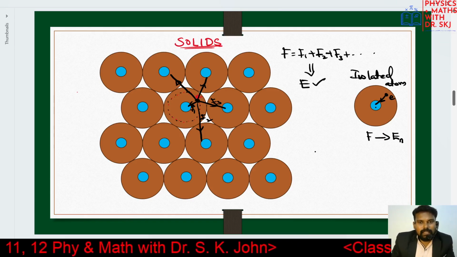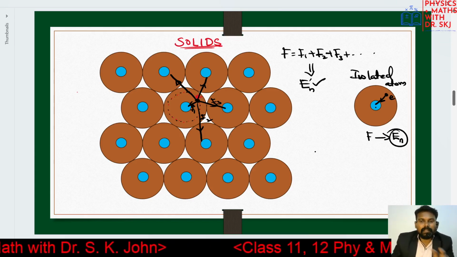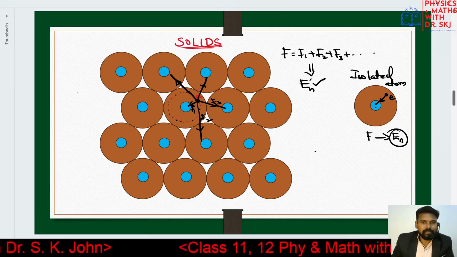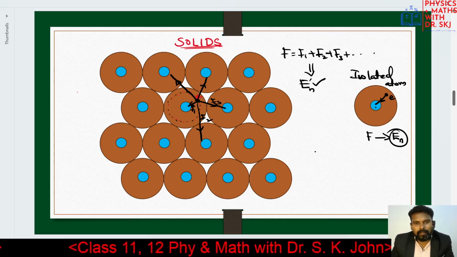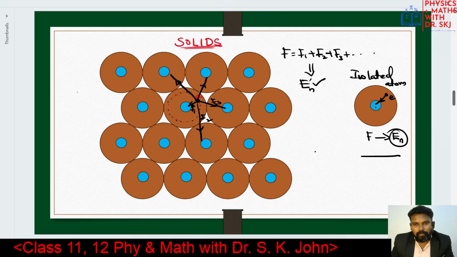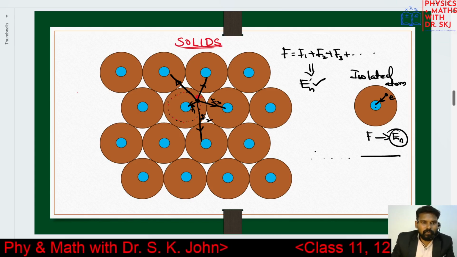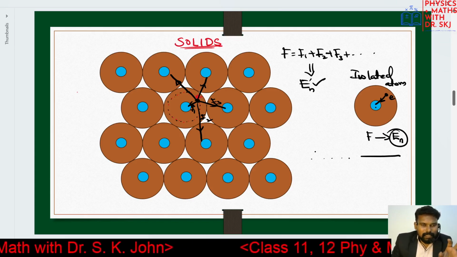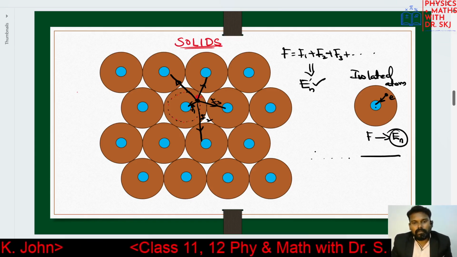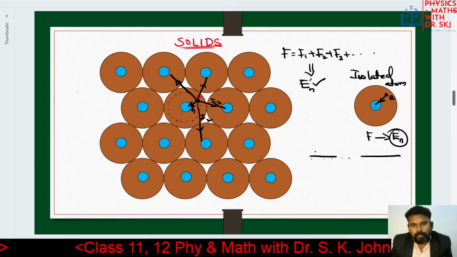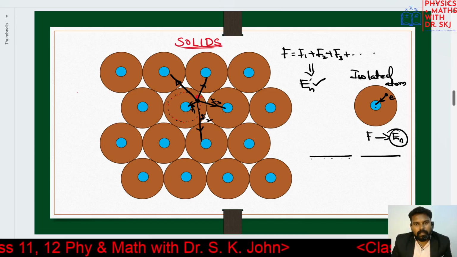So this energy will not be the same as the energy of an individual or isolated atom. So in solids, if the energy level for an individual atom is this particular level, then when that atom is in a solid or crystal structure, the energy level will be shifted, slightly shifted.